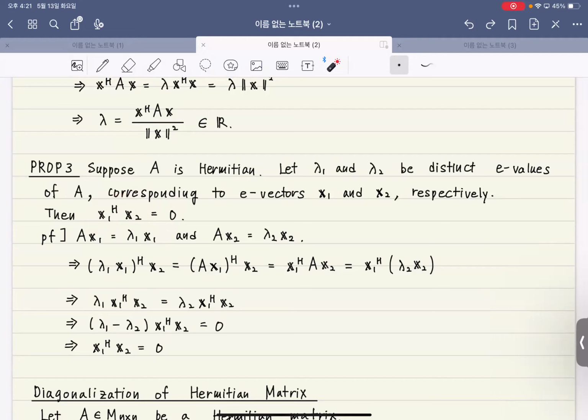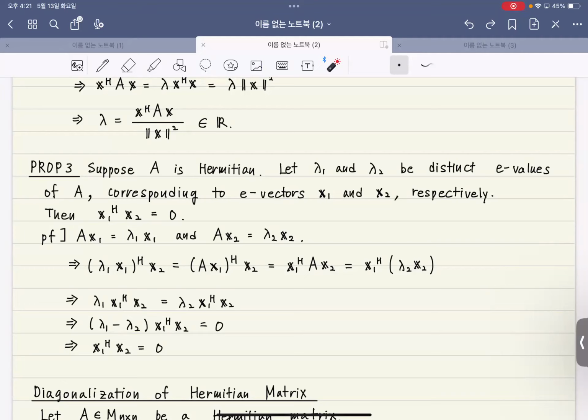Yeah, so this is very important. A couple of weeks ago, I explained that for any matrix, suppose that your matrix A has 2 distinct eigenvalues, lambda 1 and lambda 2. For eigenvectors x1 and x2 of these eigenvalues, we proved that those eigenvectors are automatically linearly independent if they belong to 2 distinct eigenvalues.